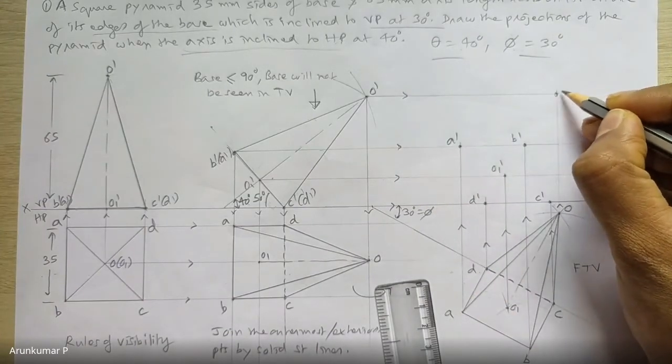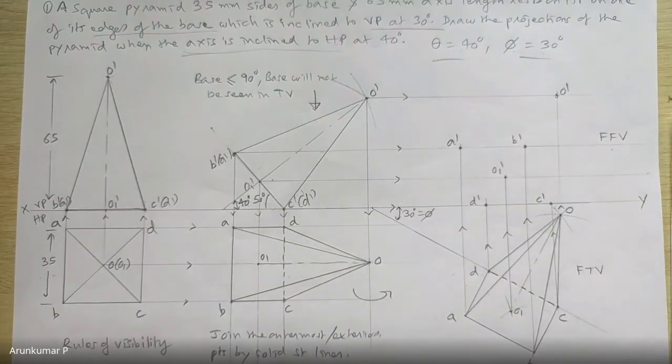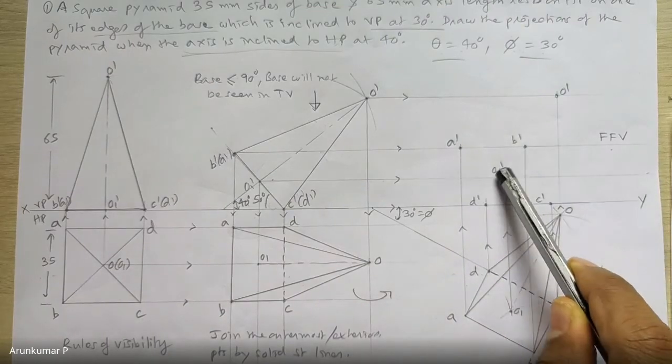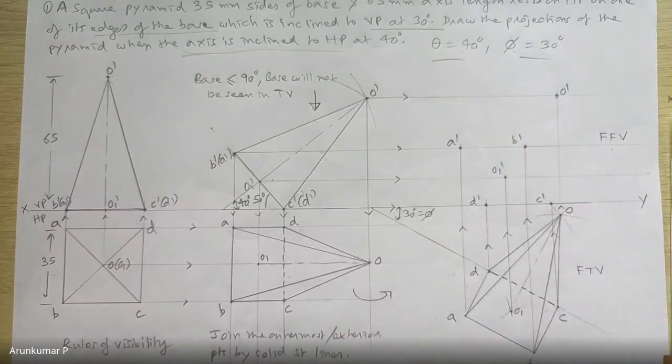So this point here is O dash. So A dash, B dash, C dash, D dash, O1 dash and O dash. Your 6 intersection points.